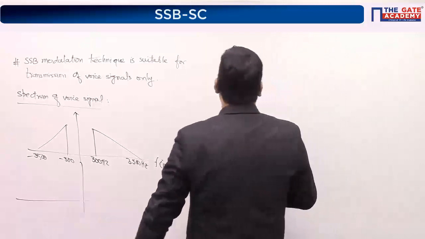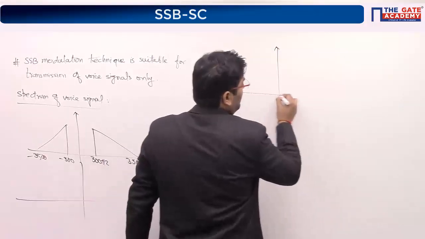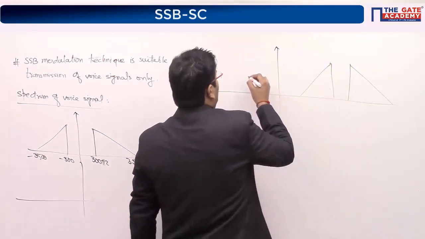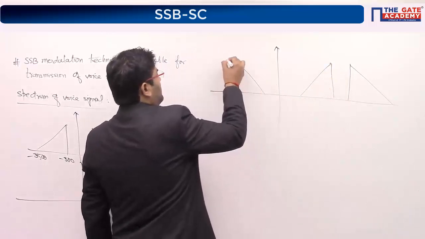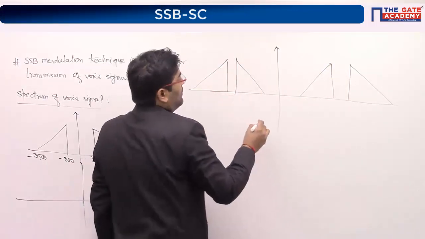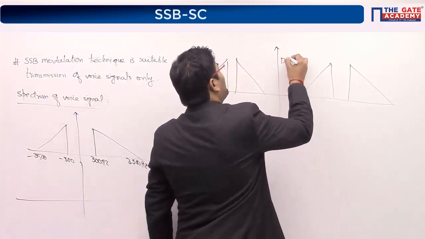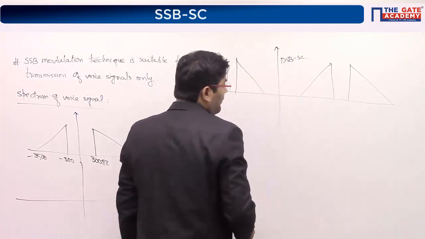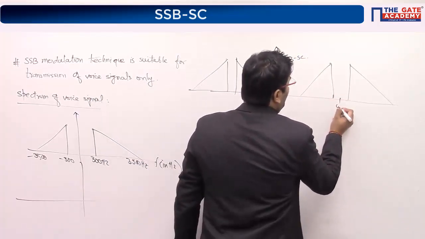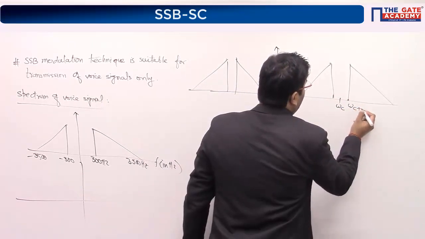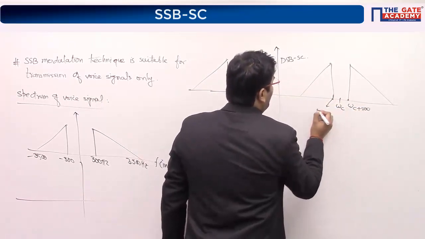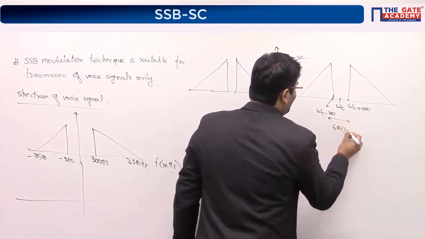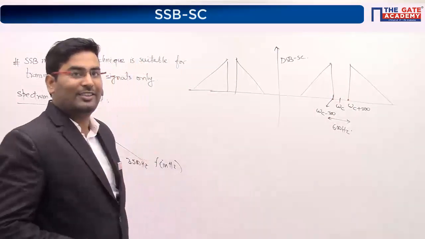Even if you shift this, you'll get something like this, correct? Let's say this is your double sideband suppressed carrier for the voice signal. So it is your omega C, but it is starting at omega C plus 300, and this is omega C minus 300. You actually get a guard band of 600 Hz.